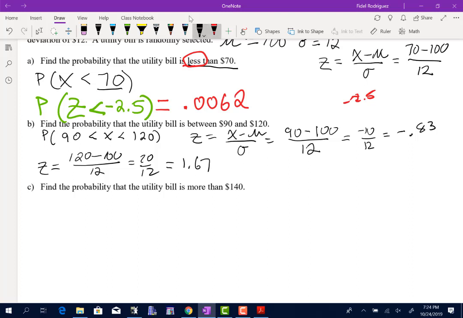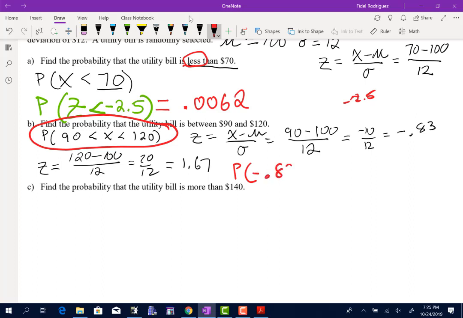So guys, the only thing that we're going to do now is rewrite this part using z-scores. We're going to say that our z-value is going to be between what two numbers? But hold on, those are the x numbers. What are the z-values that we got for 90 and 120?